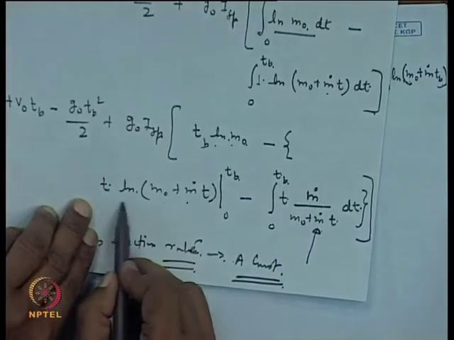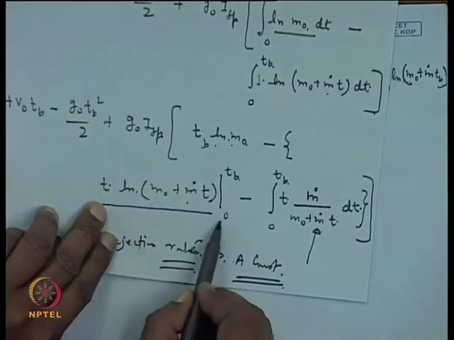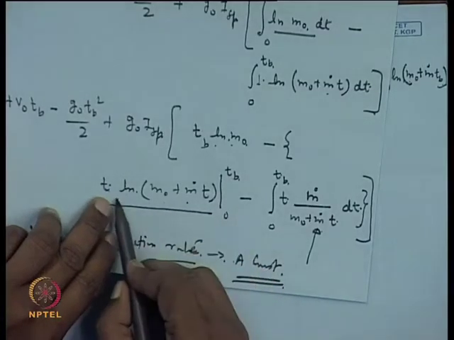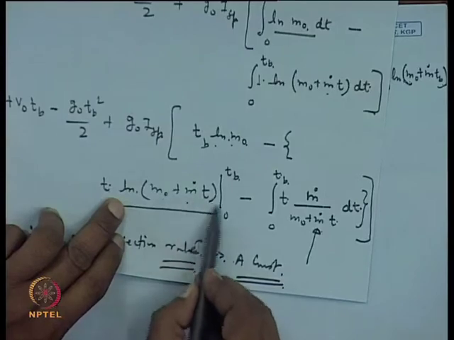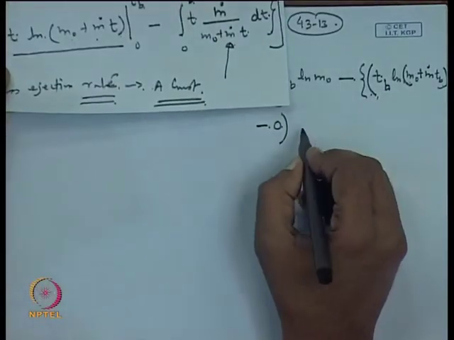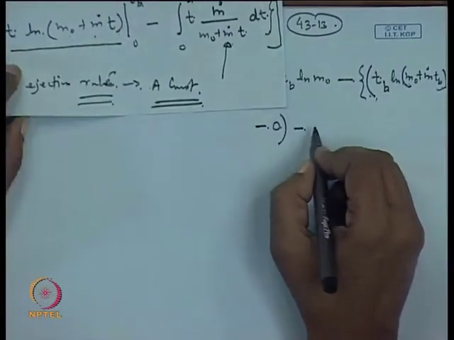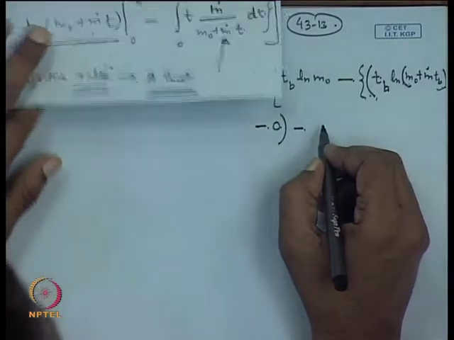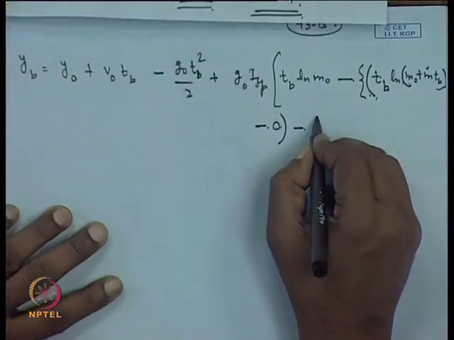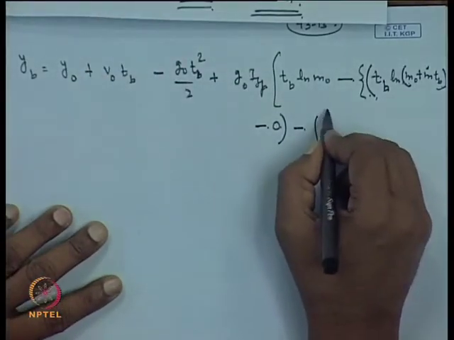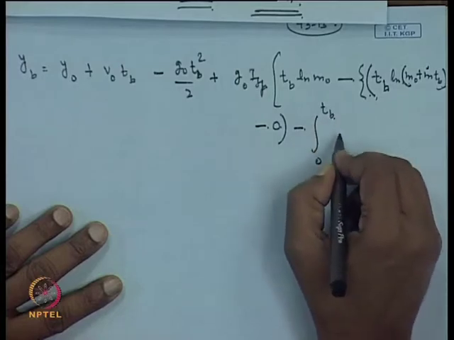We are working on this part. Once we put in T b, it is T b times (m 0 plus m dot T b), and for 0 this part becomes 0. So, we put 0 here, and then again with a minus sign we have the integral from 0 to T b.